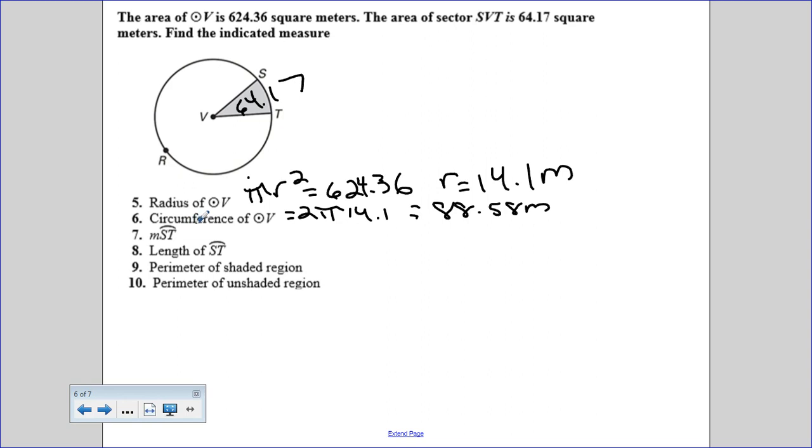Okay, the measure of arc ST. So I'm going to put this one down here. Okay, so I know the area of the sector is 64.17. And I know the area of the whole thing is 624.36. And I'm going to compare that to x over 360.